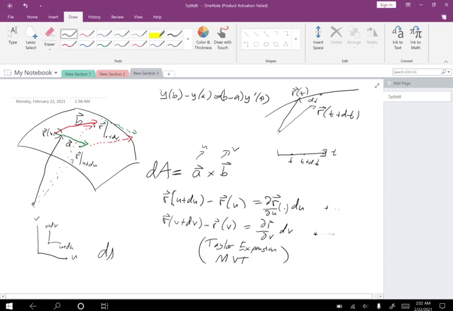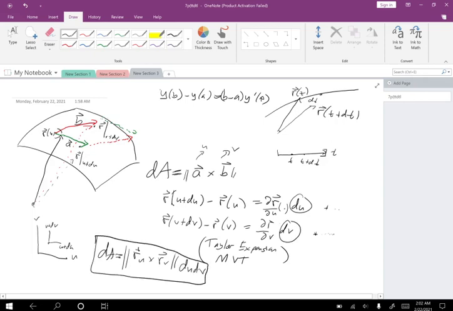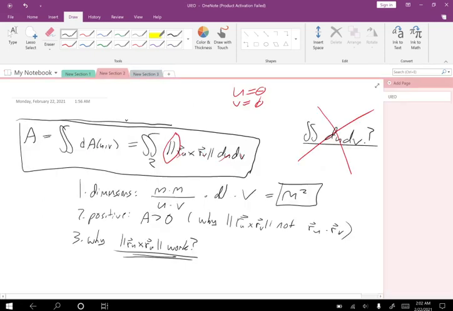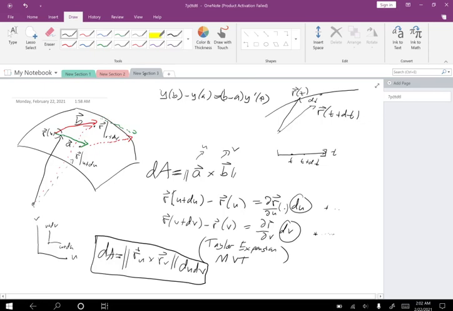So dA will now be, well, it'll be the length of that, right? Because dA is a number. So it'll be RU cross RV, and if we take the du and the dv out, I will just get a du dv on the outside. That's exactly what we want. Because remember, in this expression, we have the cross product times du dv.